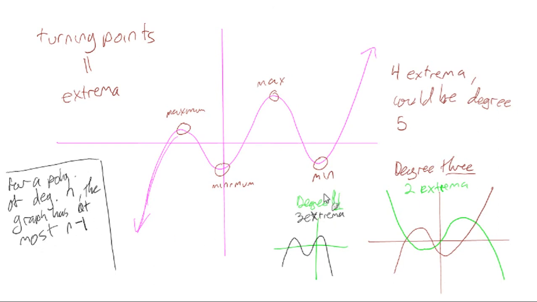One less than the degree. Has at most n minus 1 extrema, even though if you read this in the book it says turning points. And that is just a useful thing to have in your mind, to know that that's the case.